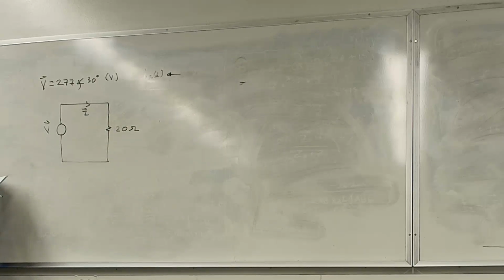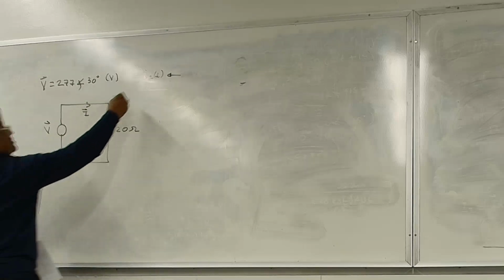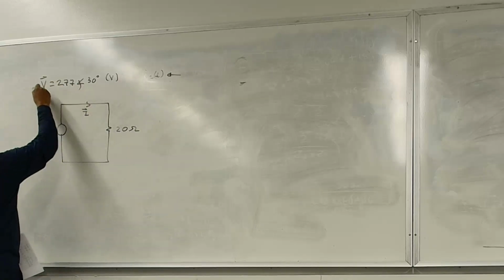That's B. No, the A is just to find the instantaneous voltage.